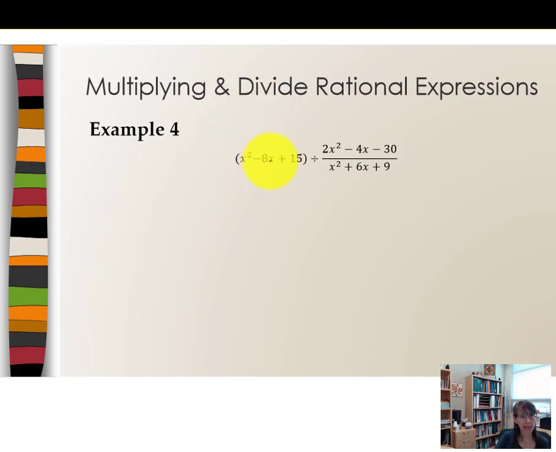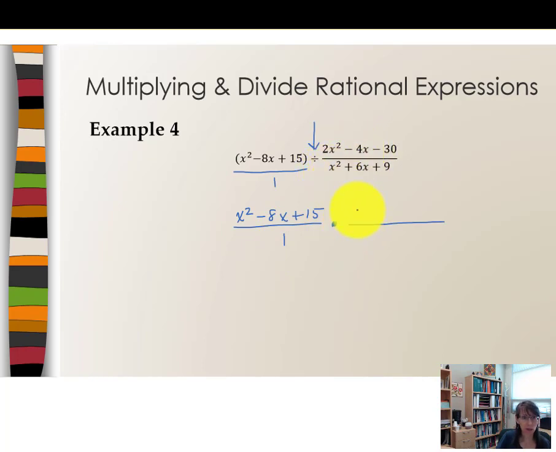X squared minus 8x plus 15, notice, is in a parenthesis all by itself. Do you recall that means the same thing is being divided by 1? Now that's going to help you to see this as a rational expression divided by another rational expression. So really what we have is x squared minus 8x plus 15 over 1 multiplied by the reciprocal of this given rational expression.